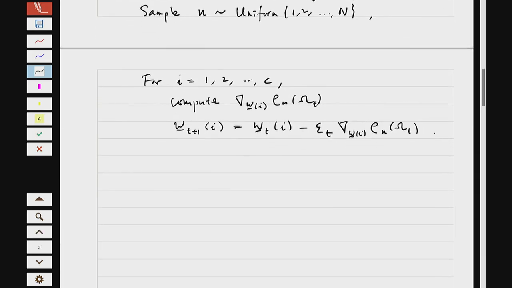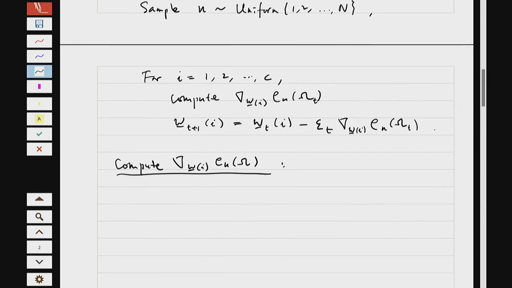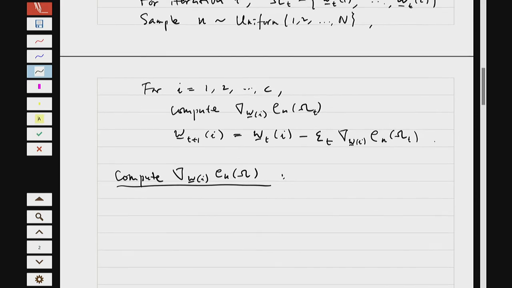How do we compute the gradient with respect to one of these weight vectors? We compute this E_n, so n means we have already chosen the nth sample point at this stage.